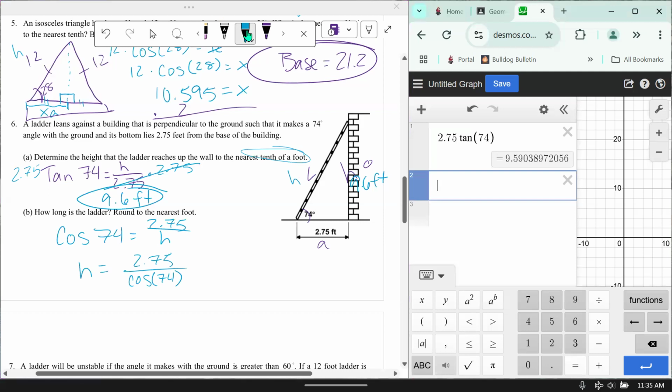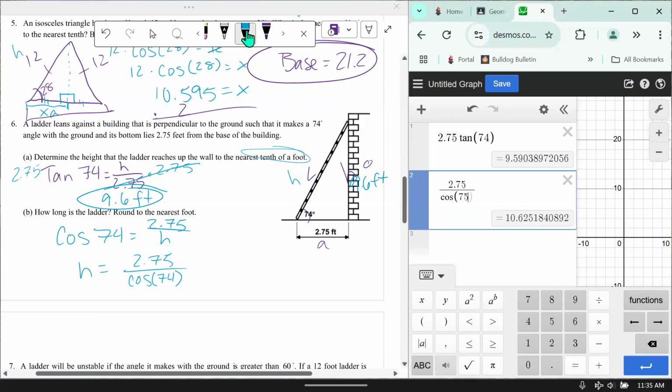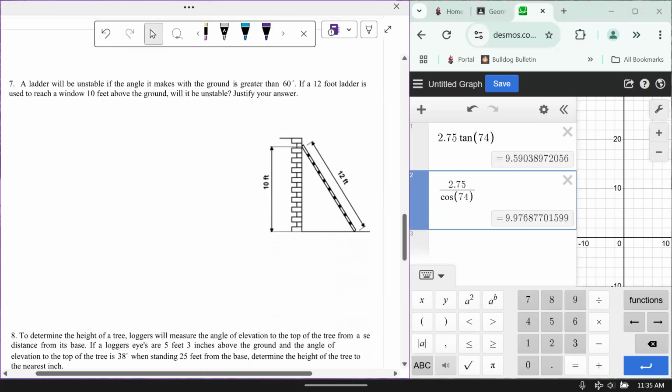So we go ahead and plug that in. To the nearest foot, this would be 10 feet. So our ladder is 10 feet long. Okay. Go ahead and pause and try number 7 by yourself.